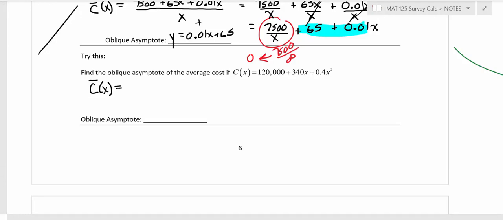And you'll have to split this up. This is the same concept as the last problem, basically. You can actually just kind of split it up in your first step if you want to, so it doesn't matter.